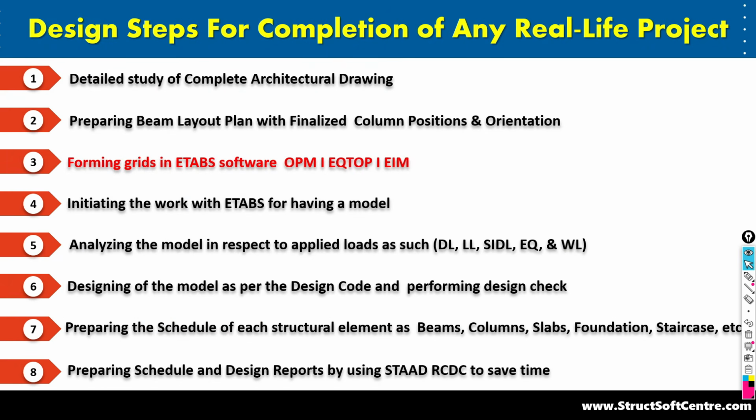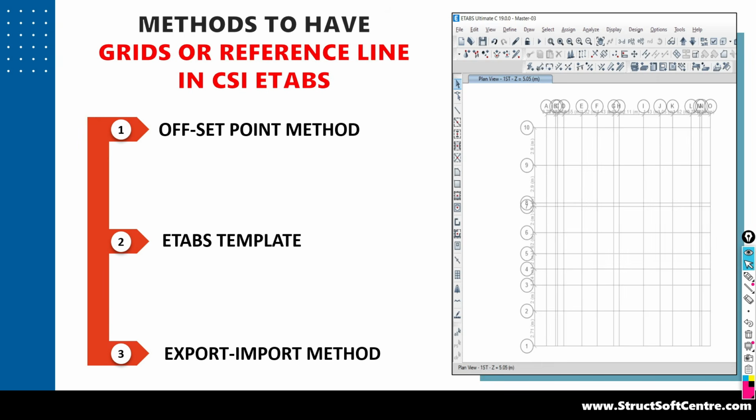And after all of this, guys, we need to initiate our work in the ETABS software, and the first step is to create the reference line, to create the grid lines in the ETABS software. So what are the different methods to prepare the grid lines? Offset point method is there, ETABS template option is there, export import method and option is there.